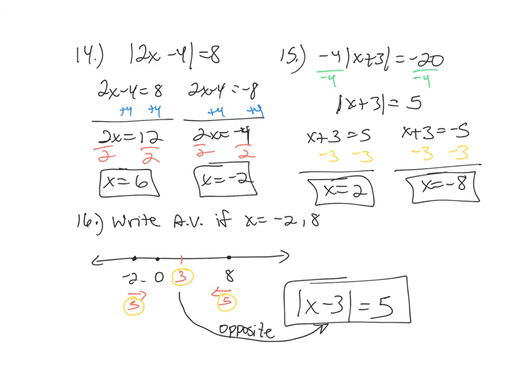All right, a few more. So 17: y minus 4x equals 10, and the direction said solve for y. So very simply, hopefully, just add 4x.